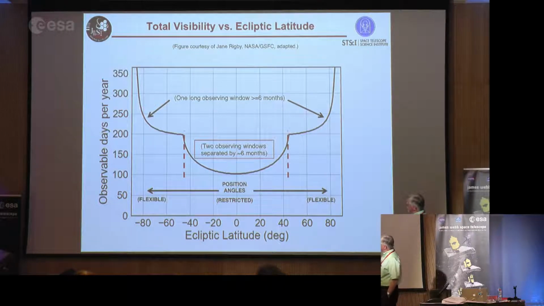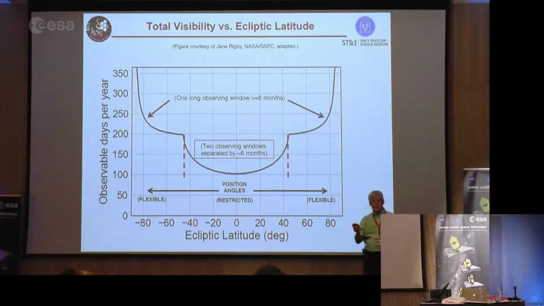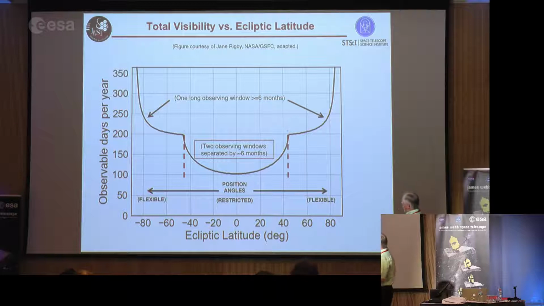The other part of this, though, is the position angles. If you have position angle constraints, for instance for some of the coronography observations, just as an example, the angles that you can actually obtain at any time are restricted down here at low ecliptic latitudes, and you may have situations that are simply not observable to JWST if you're at low enough ecliptic latitudes.